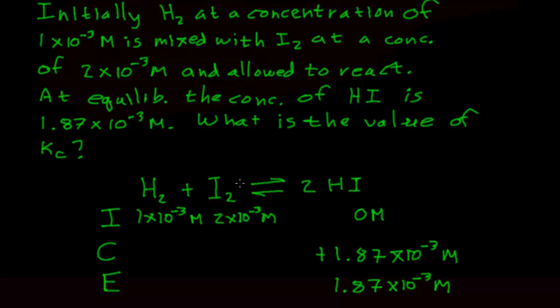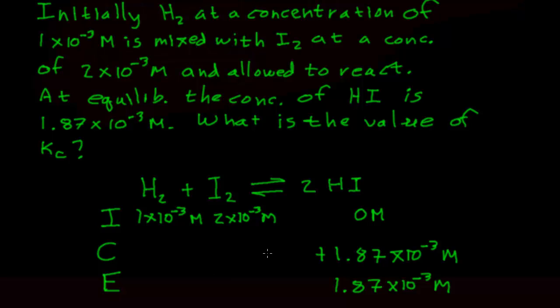So now we can use the stoichiometry to figure out how the H2 and the I2 changed. So we know from this reaction that for every 2 moles of HI that we make, we lose 1 mole of I2 and 1 mole of H2. In other words, for as much HI as we gain, we're going to lose half as much of that I2. So you can just use your stoichiometry.